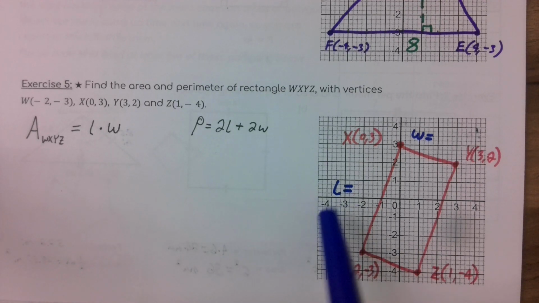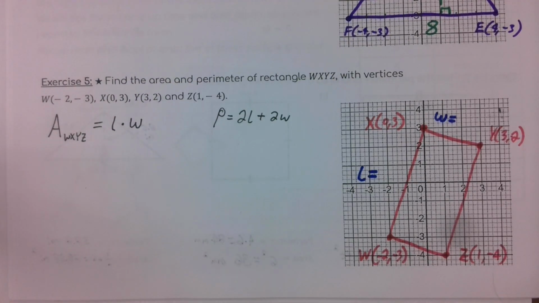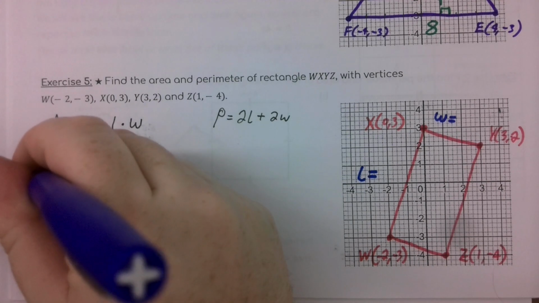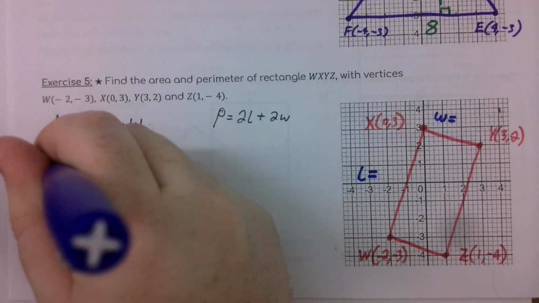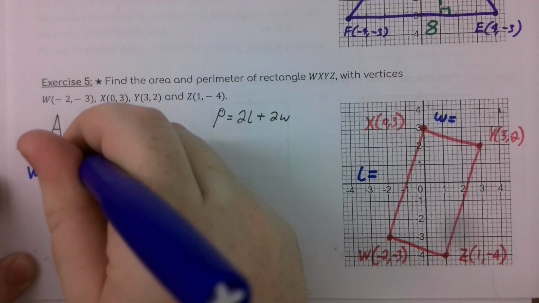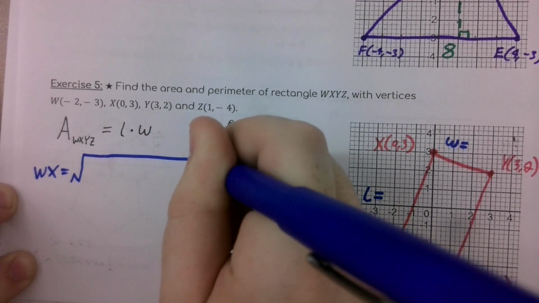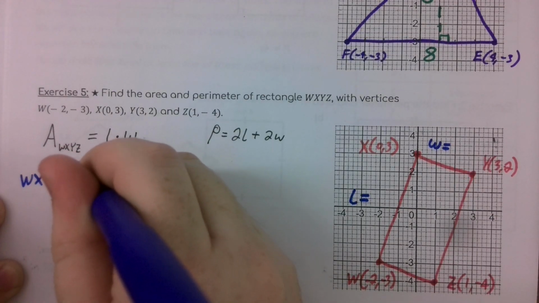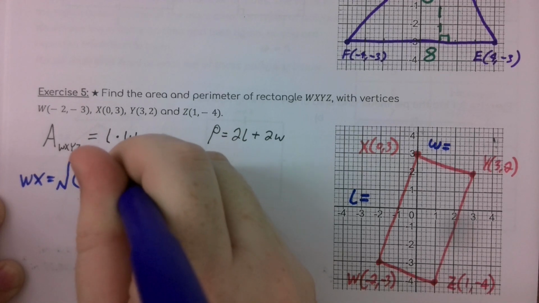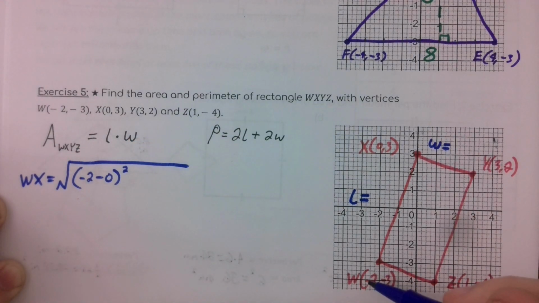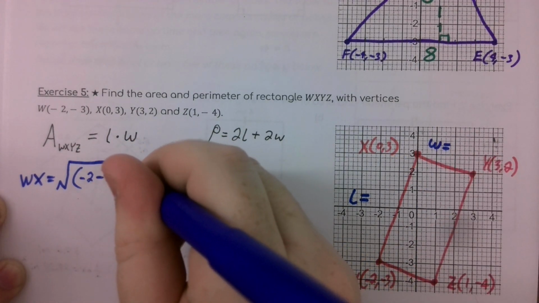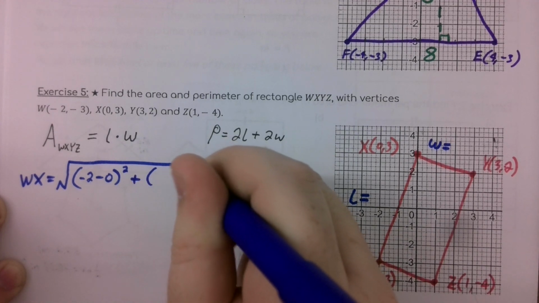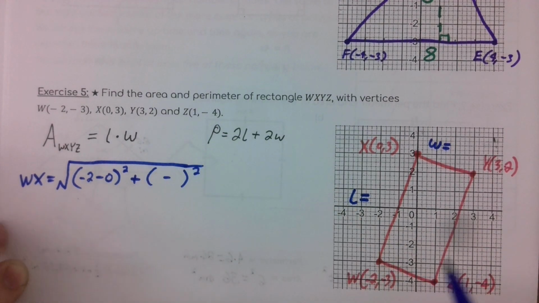So to find our length, we need to find the distance between W and X. So we set up our distance formula. The length of this rectangle is given by the formula, the square root of x1 minus x2 squared, so -2 minus 0 squared, plus y1 minus y2 squared.